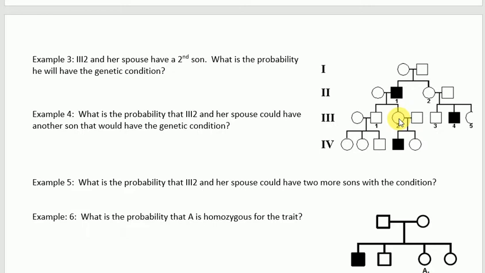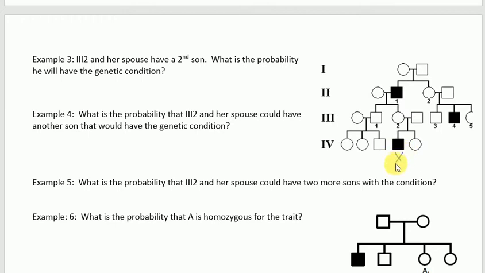Well, the first thing we have to do is go through and figure out, once again, is it autosomal or sex-linked? Obviously, it's sex-linked, which means, is it skipping a generation? And it does, in fact, skip generations, so it is recessive. So our shaded individuals are going to have lowercase letters.